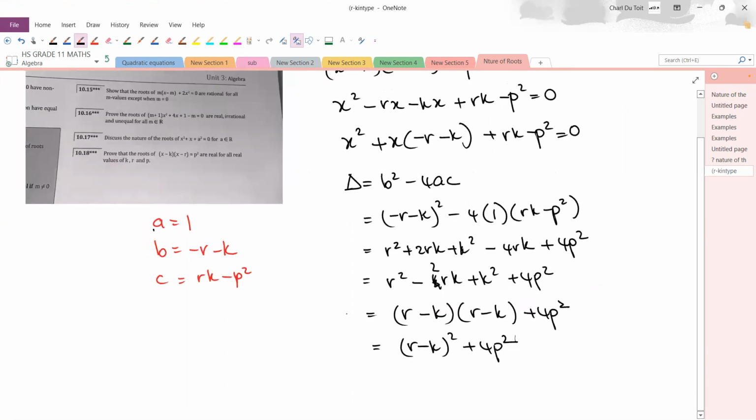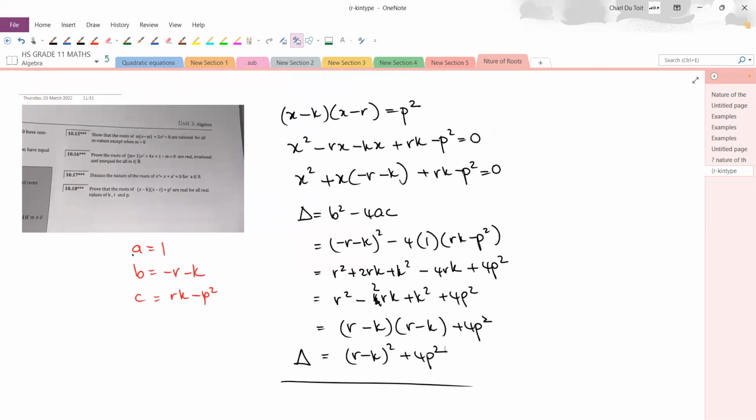That's all you have to do. Why? It doesn't matter what values you put in. You're either going to get zeros or larger than 0 values, so it will be real. Just check this. Different values, but exactly the same concept. You seldom get something like this.